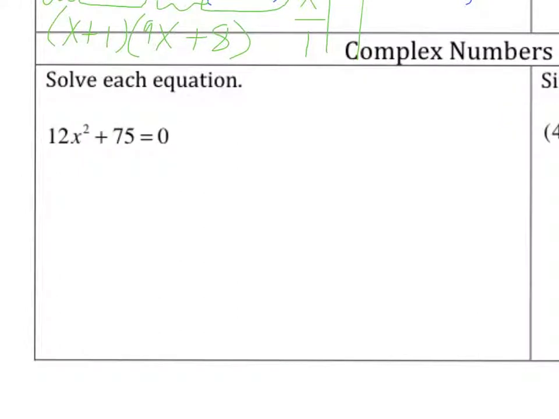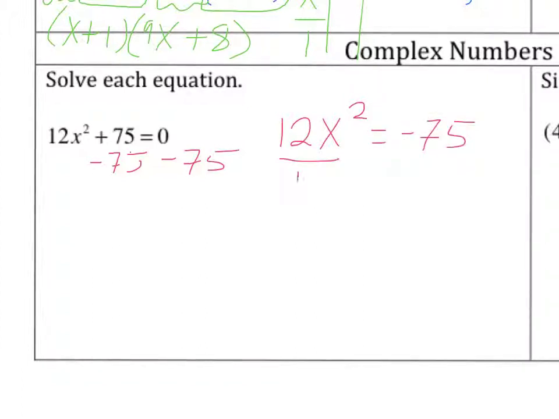Dealing with complex numbers. Generally, I'm going to treat these like I would treat anything else and just solve for x. In other words, get x by itself. If I've got 12x squared plus 75 equals 0, minus 75 from both sides, that's going to give me 12x squared equals negative 75.